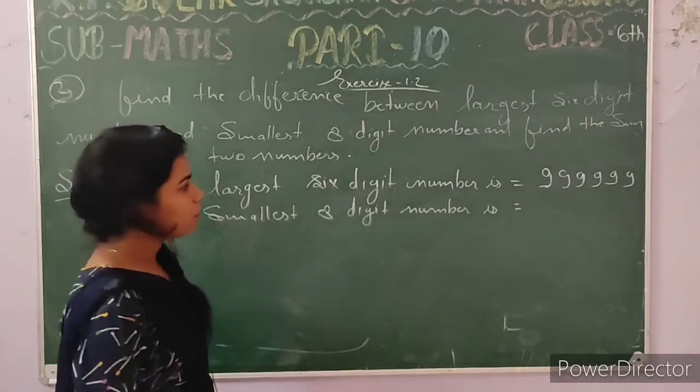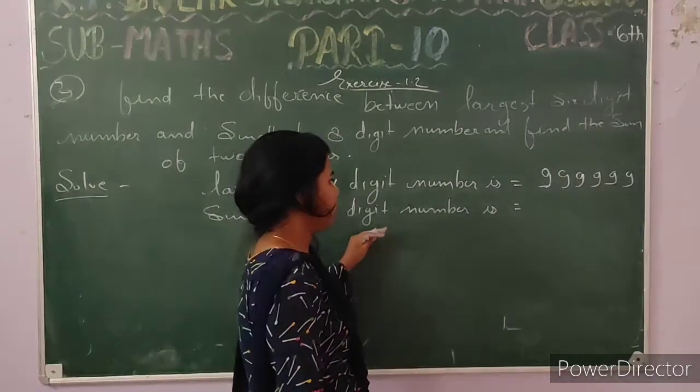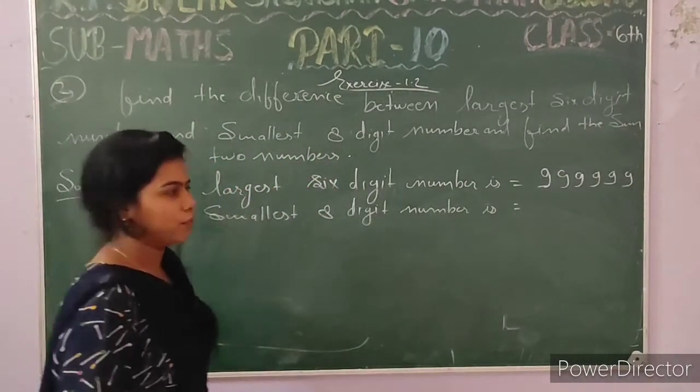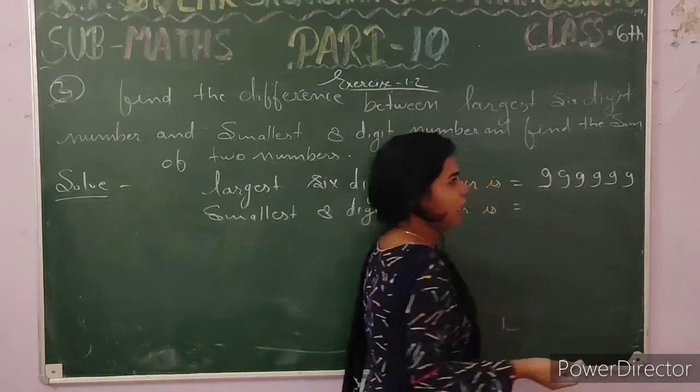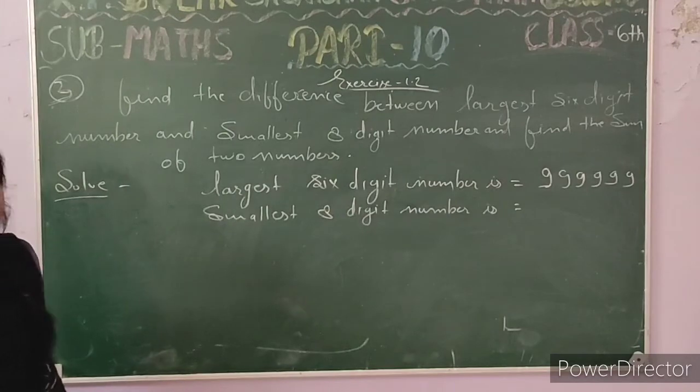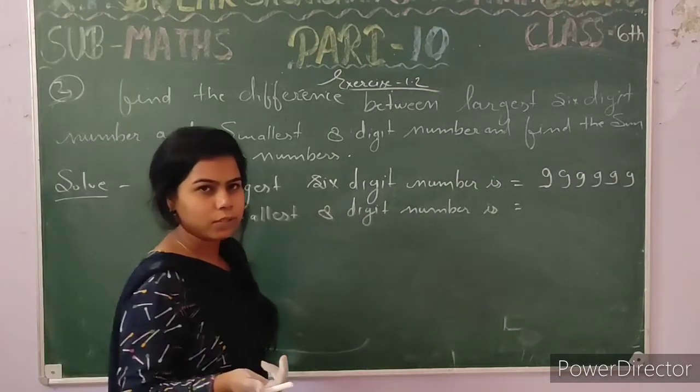Here, that means the smallest 8-digit number. Which one is the smallest 8-digit number? We know that the smallest 3-digit number is 100.